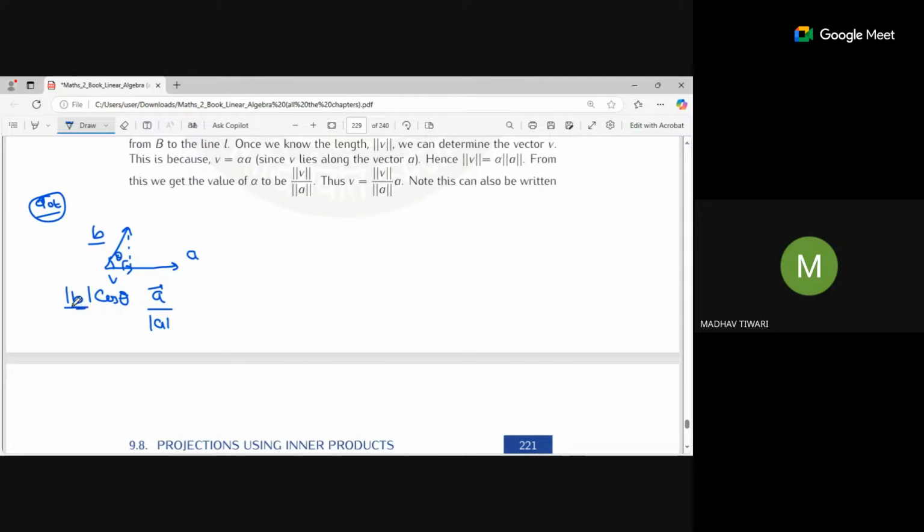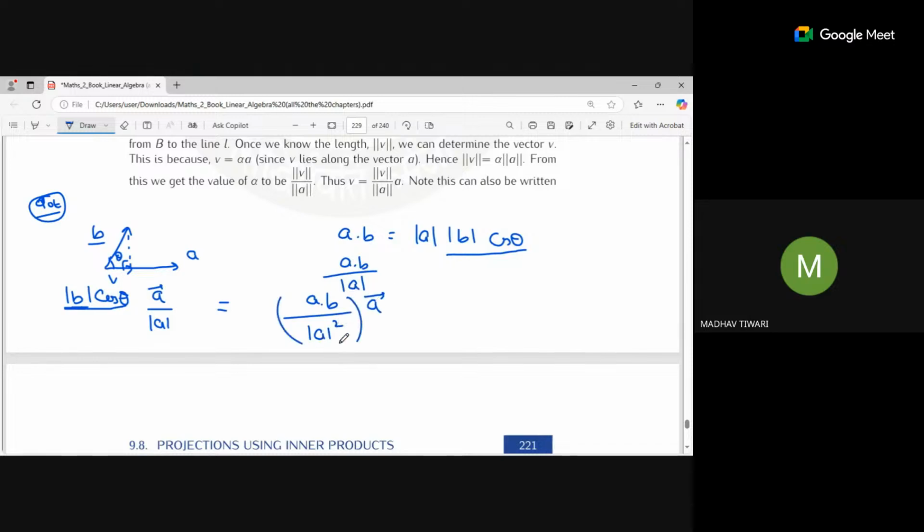So there are various ways of doing this. One easier way is to rewrite this equation, because I know that A dot B is nothing but length of A times length of B cos theta. So I can write B cos theta as A dot B divided by magnitude of A. Already one magnitude of A is there, so squared, and here the A vector.